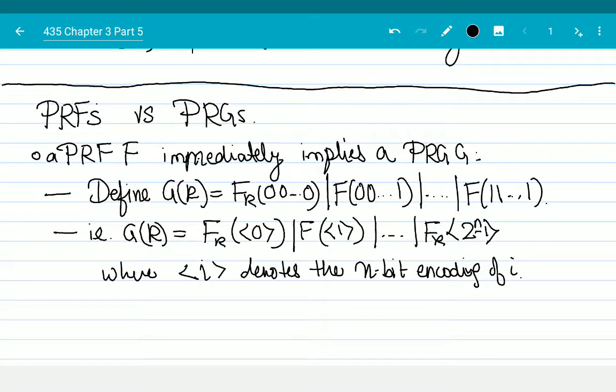Which also gives you that PRFs can also be viewed as a PRG with random access to exponentially long output.